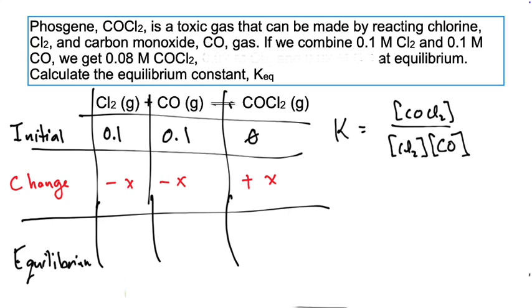Equilibrium. Do we know the equilibrium concentration of our chlorine gas? Nope, wasn't given to us. Okay. We don't know the carbon monoxide. Do we know the COCl2? Yeah, we know it was 0.08, right?